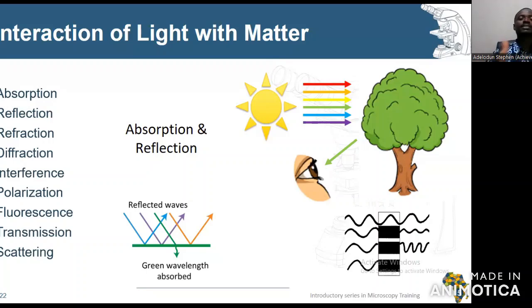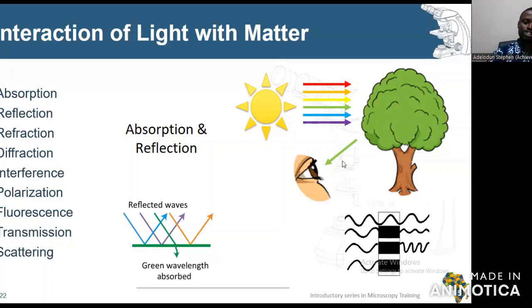Now, if I ask why we see the tree being green in this picture all around us, and what happens to the other components of the electromagnetic waves of the light, the answer is very simple. Other components of the light have been absorbed, and it is only the green aspect that is actually reflected into the human eye. And that is why you see the leaf being green.